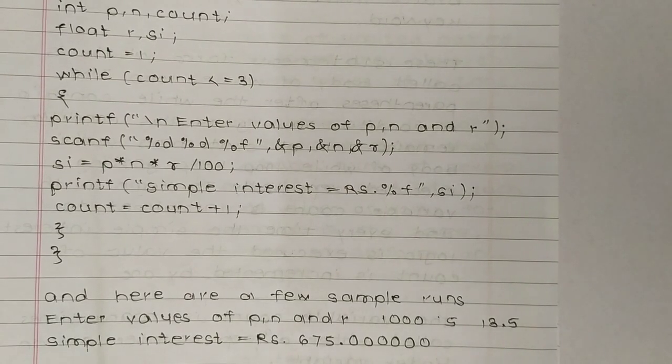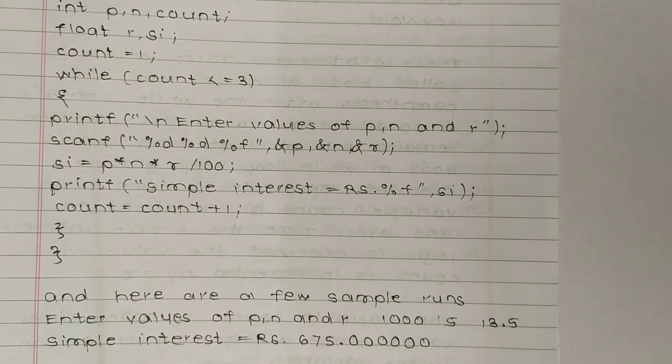Now after scanning p, n and r values, we can apply our formula for simple interest, that is si is equal to p star n star r divided by 100. So this is the formula for simple interest.